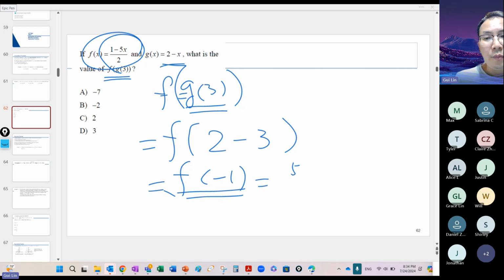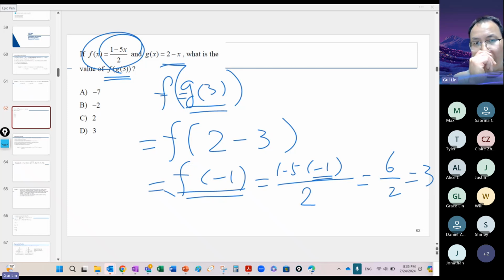So 1 minus x, with x replaced by -1, right? You got here 6 over 2, which equals 3. Right? So the answer will be D. So this one is just to capture what composition of functions is.